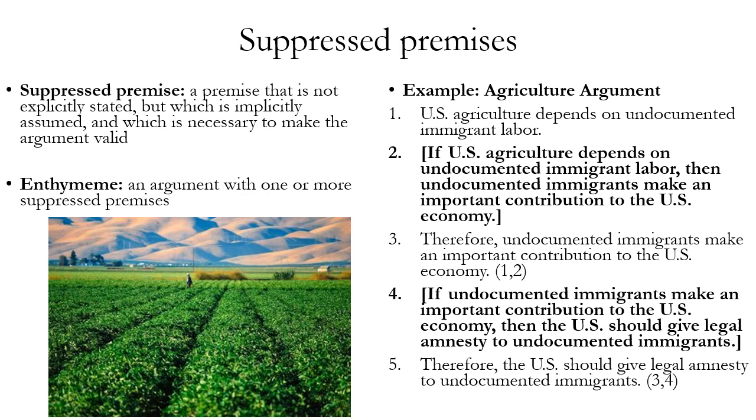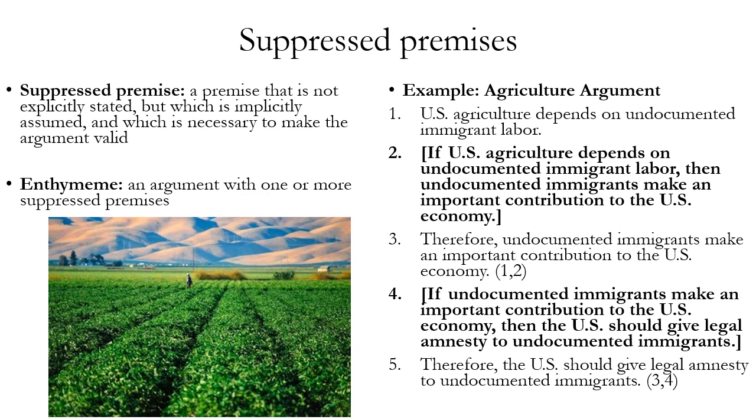So here's an example. The argument that we previously looked at, the agriculture argument, has suppressed premises because it's missing some things you need to add to make it valid. U.S. agriculture depends on undocumented immigrant labor. In order to prove undocumented immigrants make an important contribution to the U.S. economy, in order to make that a valid inference, you need to add at least one more premise. If U.S. agriculture depends on undocumented labor, then undocumented immigrants make an important contribution to the U.S. economy.